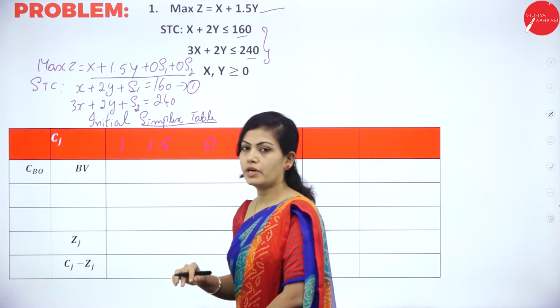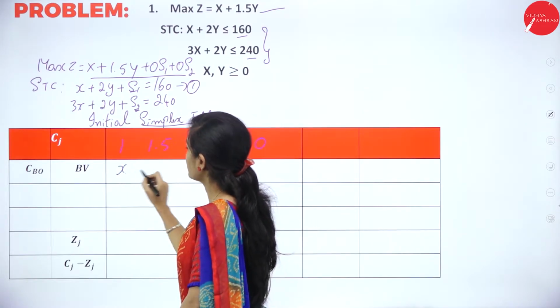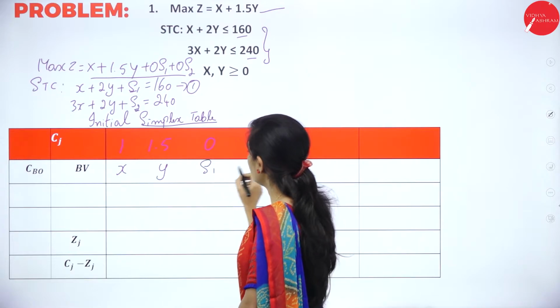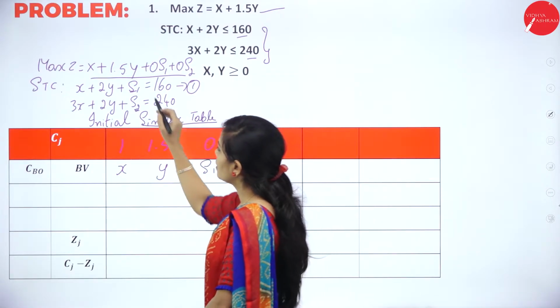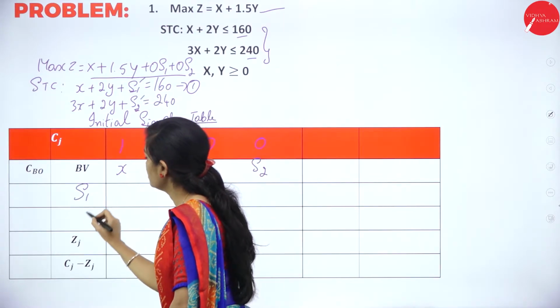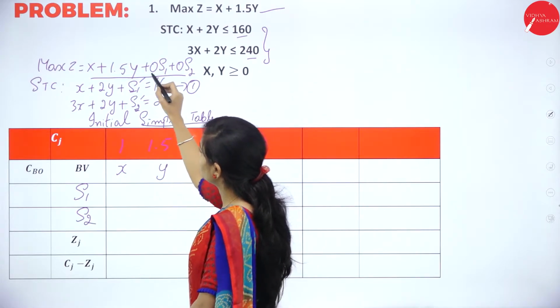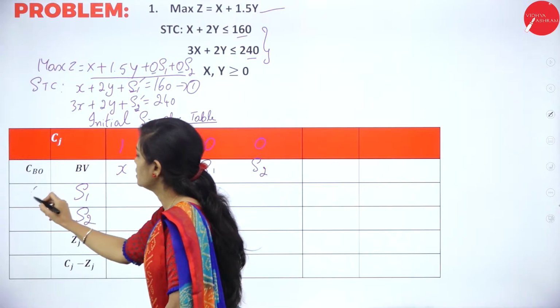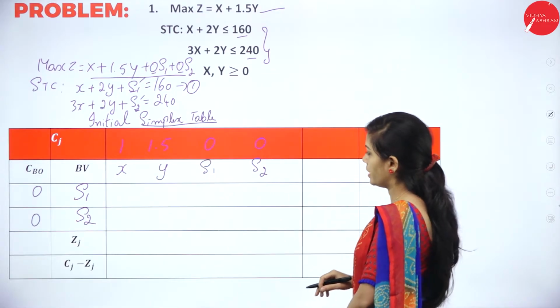And what are the decision variables we have taken? That is x, y, s1 and s2, the basic variables. And again here I have two slack variables, s1 and s2. And what is the coefficient of the slack variables? It is 0 and 0. So this is the first thing you have to write in the table.